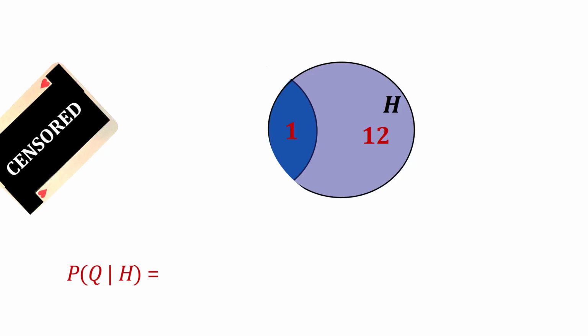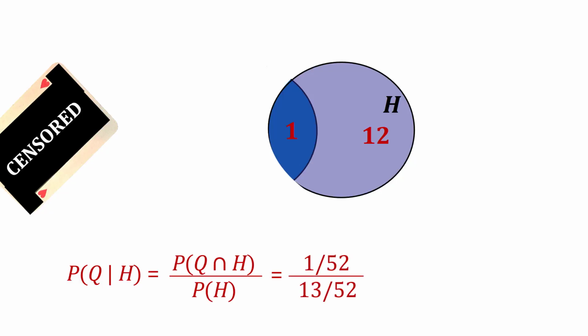Let's make sure that lines up with the equation we saw on the last slide. So from the conditional probability equation, we know probability of queen given hearts should be the intersection of those two events divided by the probability of the given event, in this case hearts. We found each of those probabilities in past lectures. That numerator, how many cards in the deck are simultaneously queens and hearts?